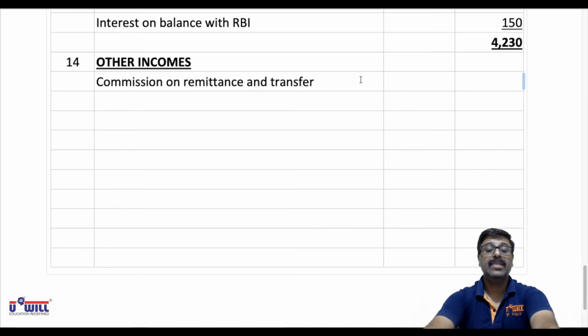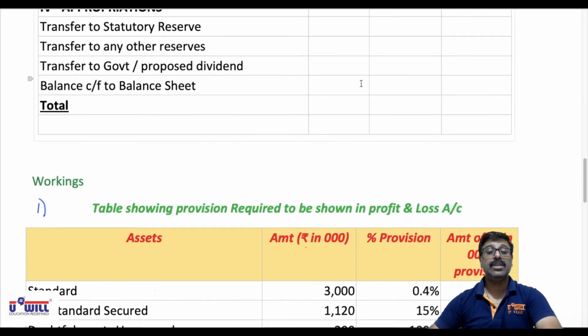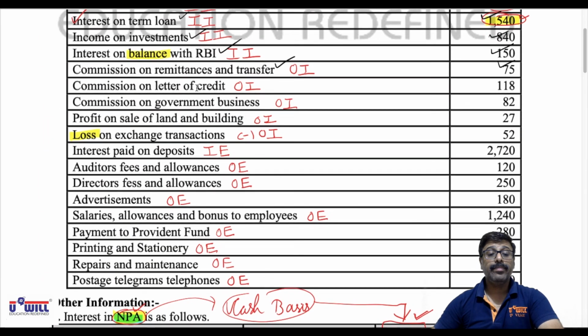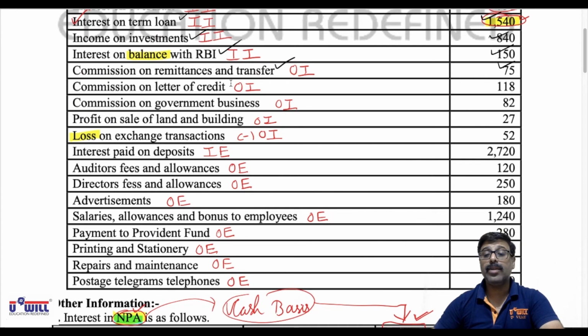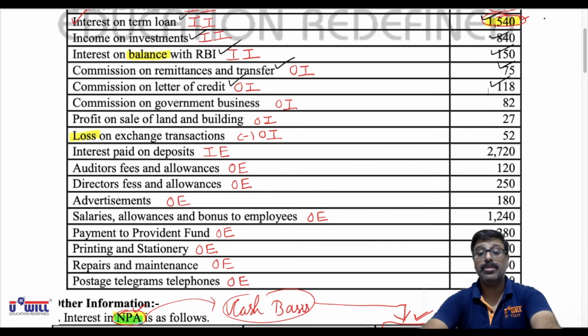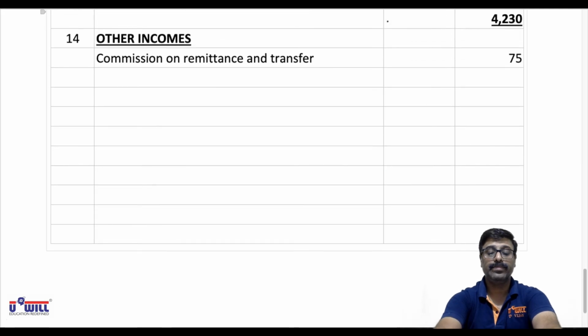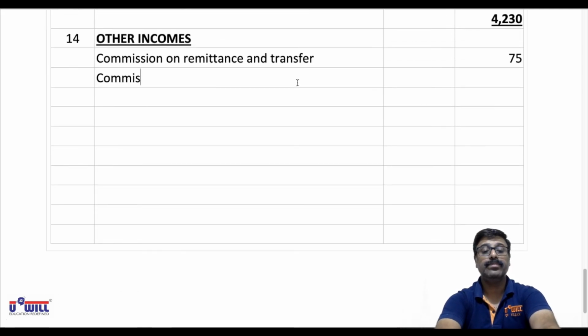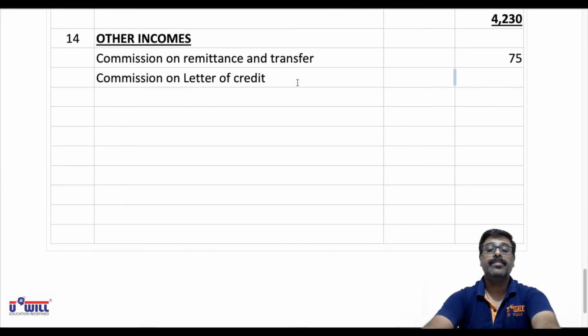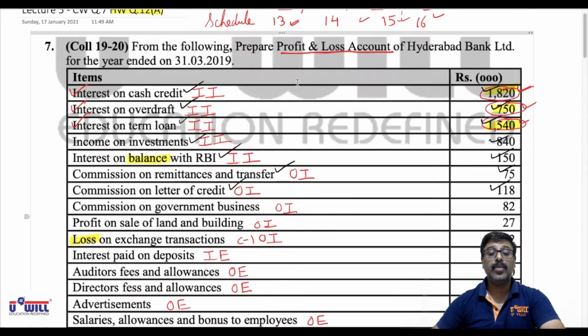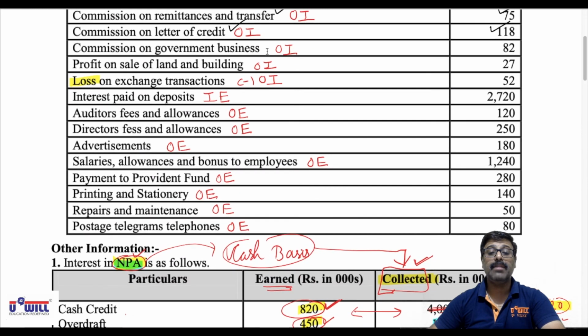Then we have commission on letter of credit 118. Write that down. Then after commission on letter of credit, we have commission on government business 82. Write that down.